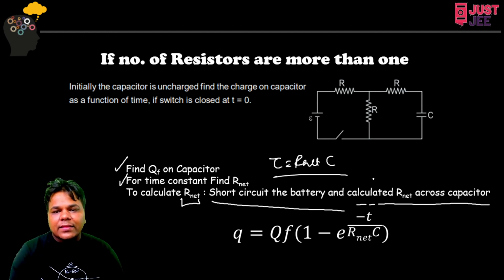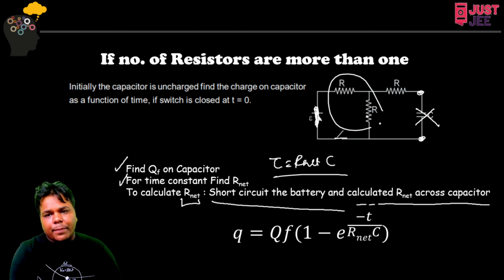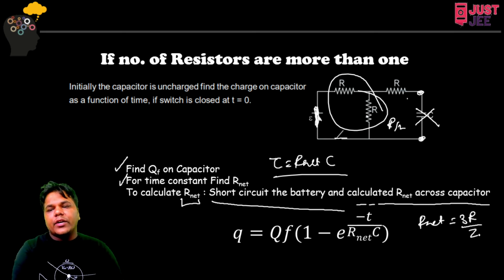For example, in this case, we need to short circuit the battery and calculate R net across the capacitor. So it will be R in parallel, which is R by 2, plus R. So R net is 3R by 2. That's it, if the number of resistors is more than 1.